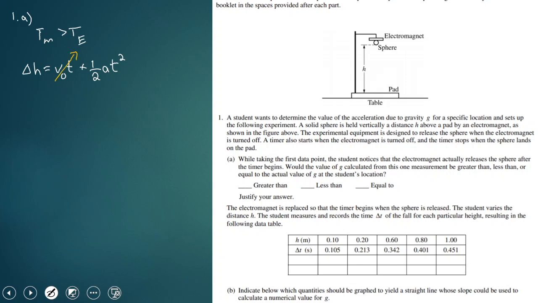And so what we see over here is that acceleration is proportional to 1 over t squared. Right? So acceleration is inversely proportional to t squared, or is directly proportional to 1 over t squared. And so because our total time increases, the acceleration will decrease because it's an inverse relationship. And so the correct answer here is less than.